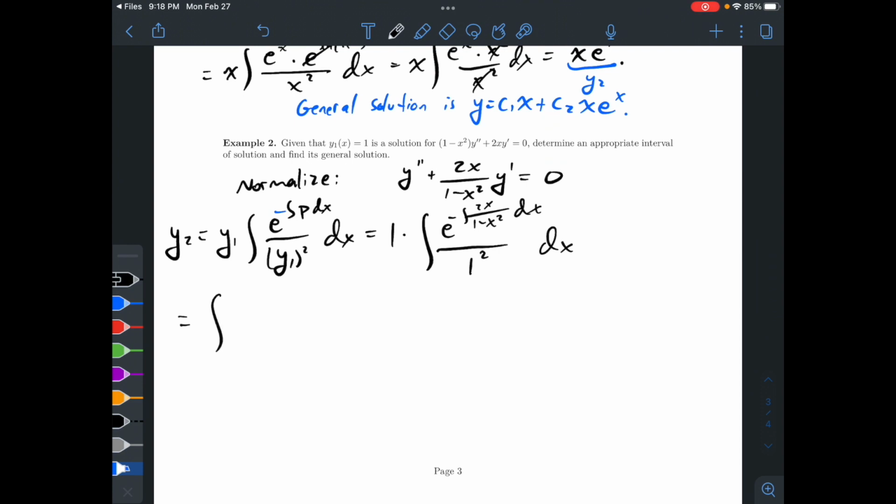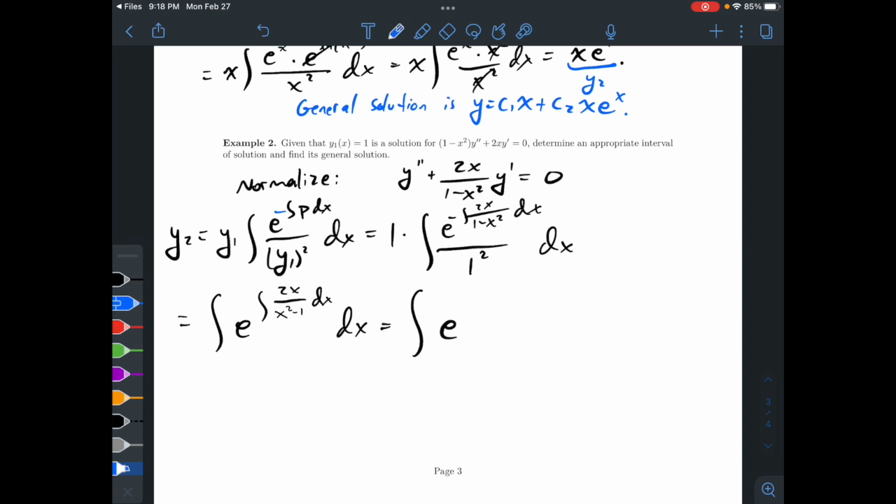So I'm going to stop putting all those 1s all over the place, and I get e to the integral. I'm going to bring this negative inside and multiply it by the denominator to make that denominator x squared minus 1, dx. And what does this become?